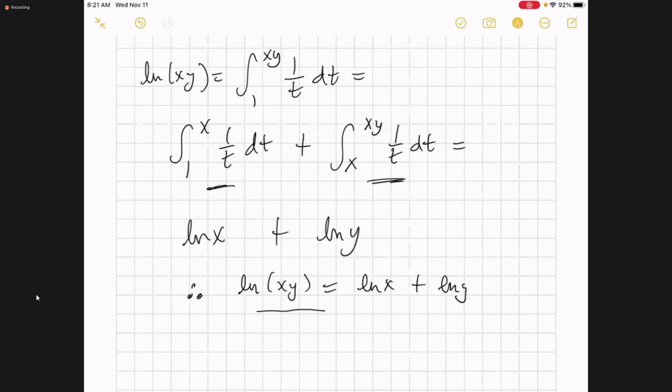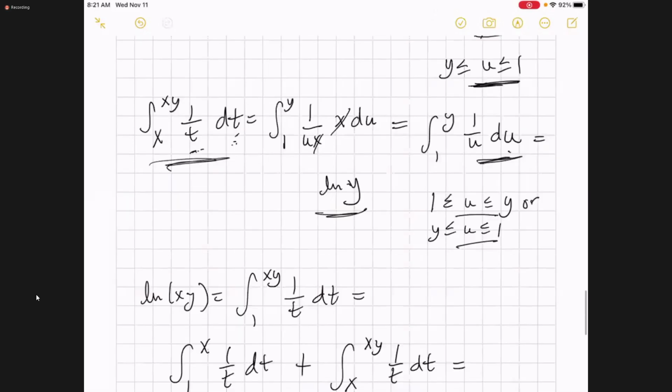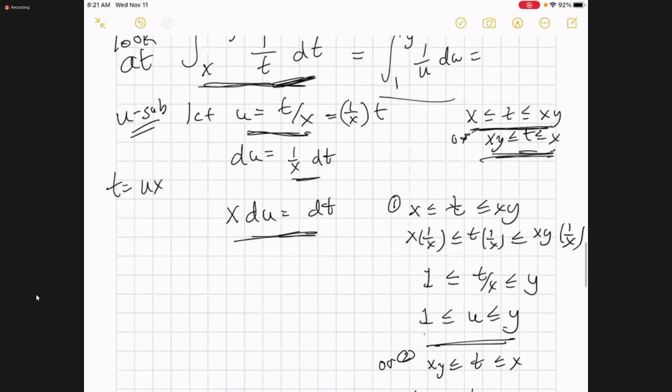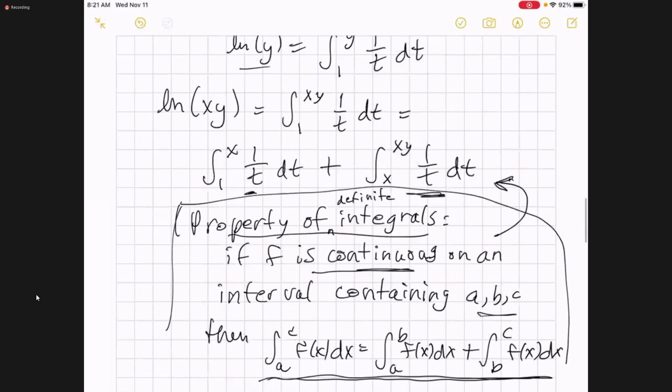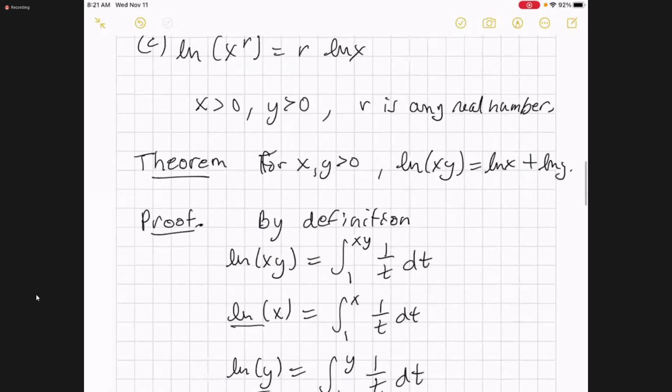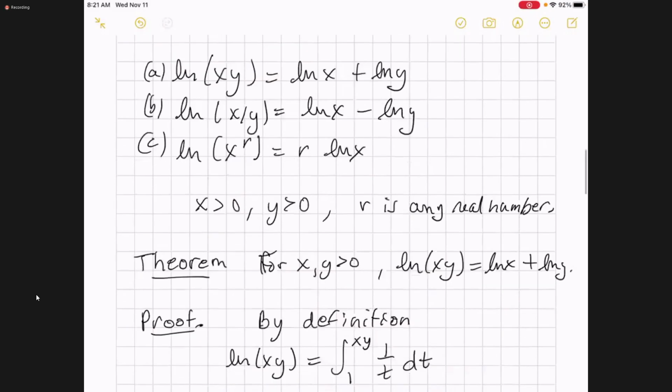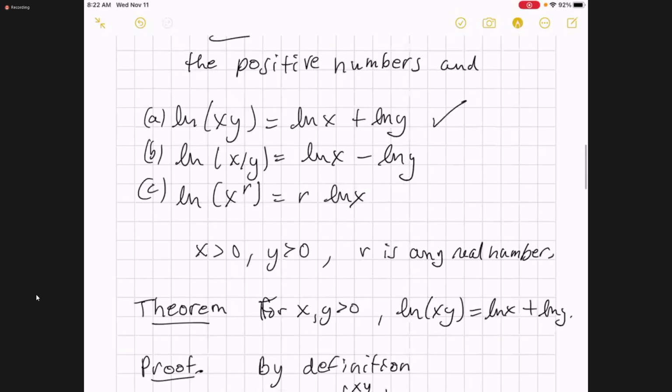So that's that first algebraic property that any logarithm function must satisfy. That one's really easy after you do this one.